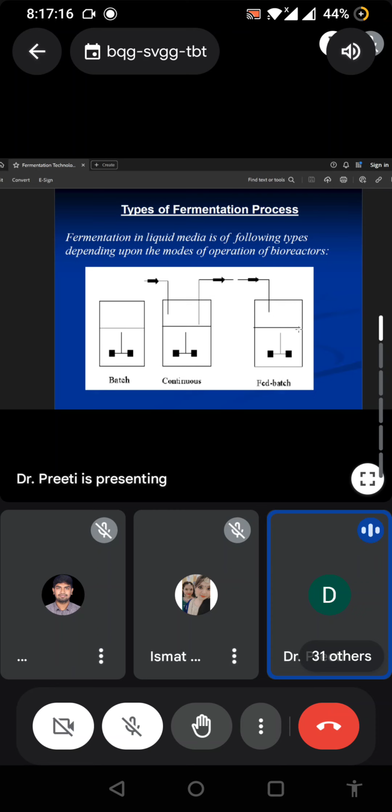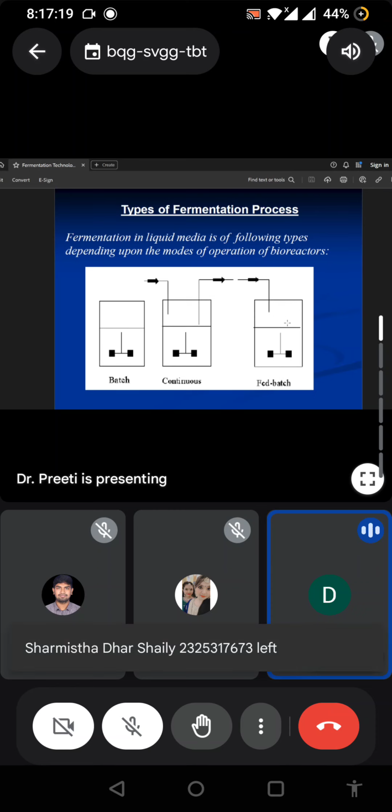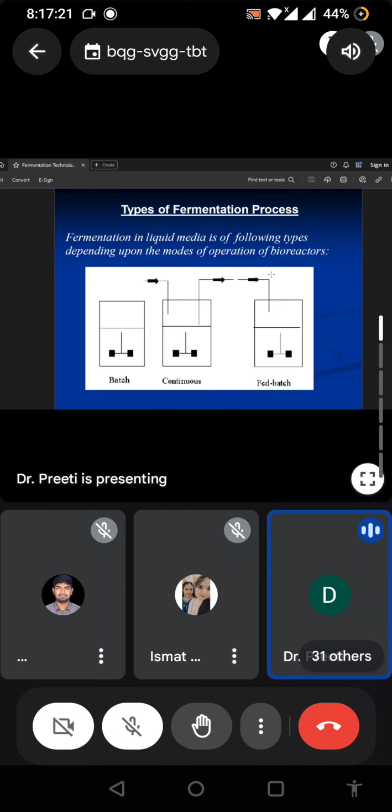In fed batch, we are not taking out any product, only some substrates and so on that are needed are added in the fed batch mode. So these three modes that you see, batch, continuous and fed batch, which one do you think will be more economical?